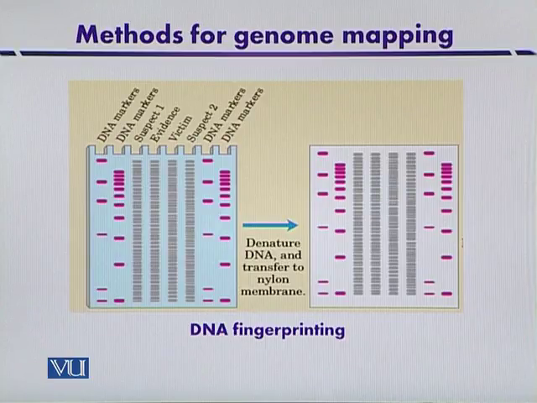Like I told you earlier, RFLPs can be used to find cases or witnesses in forensic biology, where we can identify victims or criminals by comparing their DNA banding patterns. So this DNA fingerprinting technique has been used in forensic biology, but it is also a very important technique to study the pattern or arrangement of genes on the chromosome.